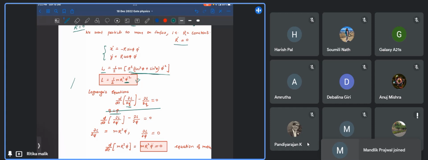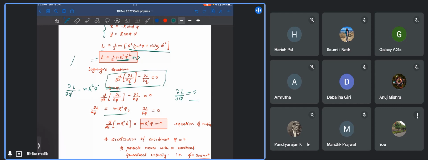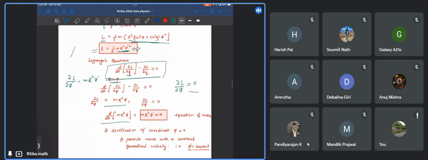When you calculate del L by del phi dot, you just differentiate with respect to phi dot. This quantity will become m r square phi dot. And similarly, there is no phi dependence in this case. There is only phi dot here. So when you calculate del L by del phi, there is no phi function, so it will become 0. And when you put back into this Lagrangian equation, d by dt of this will become your equation of motion.